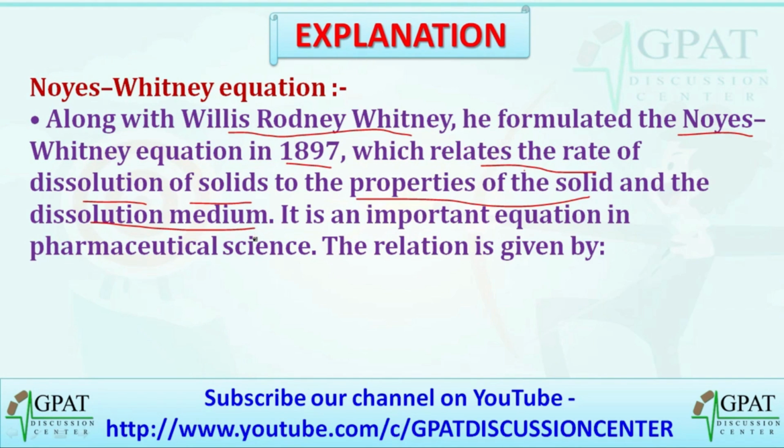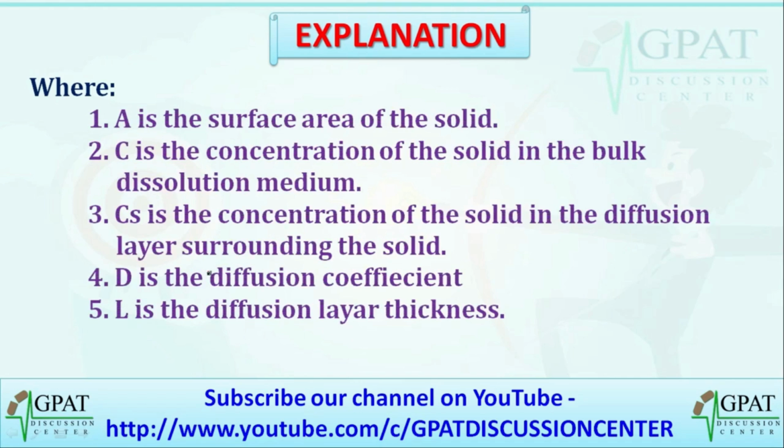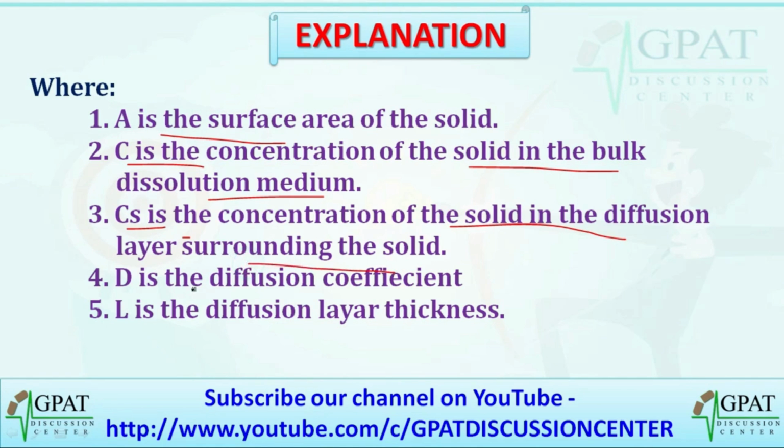It is an important equation in pharmaceutical science, and here we have the equation: dW by dt is equal to DA, where DA in bracket Cs minus C upon L, where A is the surface area of the solid, C is the concentration of the solid in the bulk dissolution medium, Cs is the concentration of the solid in the diffusion layer surrounding the solid, D is the diffusion coefficient, and L is the diffusion layer thickness.